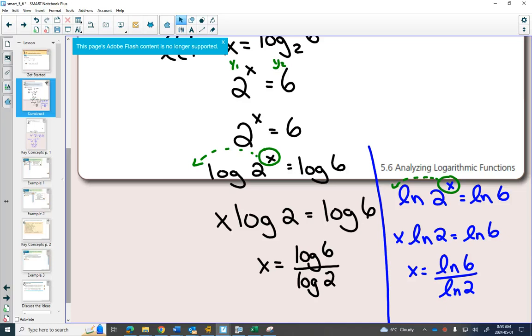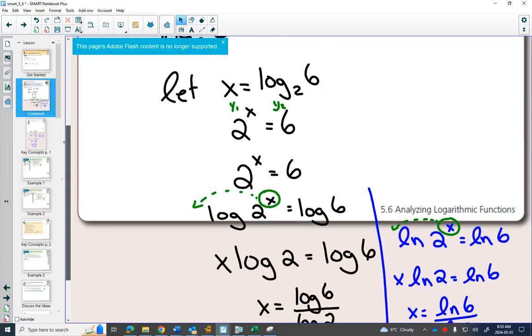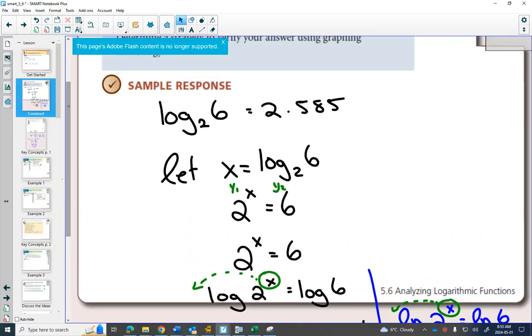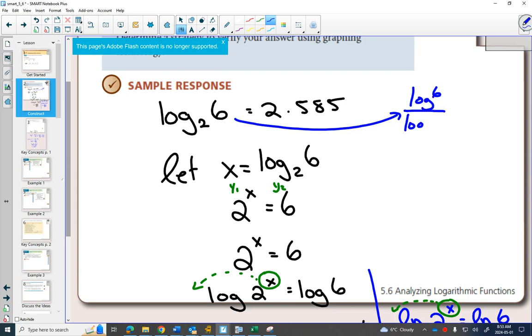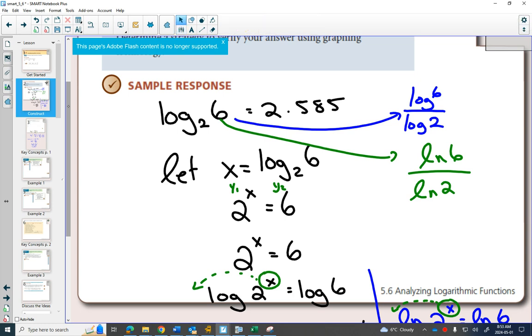Now this idea of being able to take something like log base 2 of 6 and change it to either log 6 over log 2, or change it to natural log of 6 over natural log of 2, is called the change of base theorem.